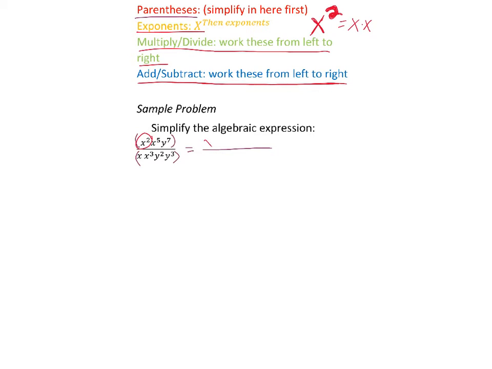So x to the second power is x times x. X to the fifth power, I'll do that in a different color. I'll make it in blue. That's x to the fifth power, so we multiply that to itself 5 times. And then y to the seventh power, that's y multiplied to itself 7 times. So we'll also do that one in a different color.